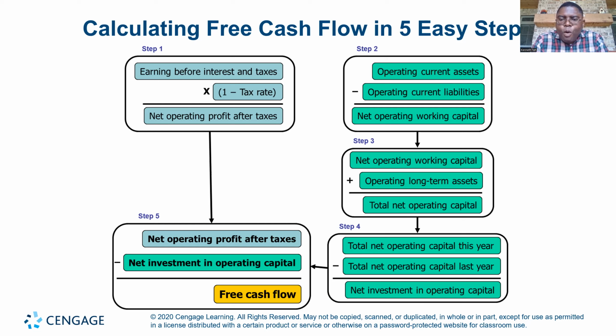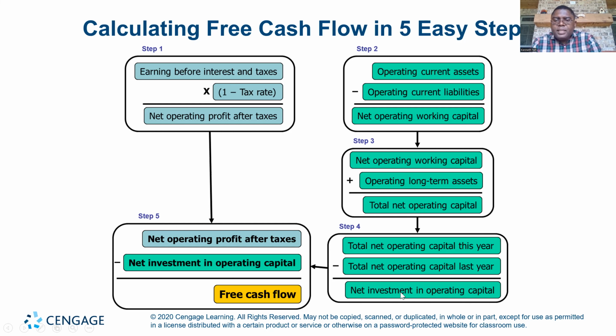And then in step 4, we generate what we call the net investment in operating capital. The net investment in operating capital is the total net operating capital this year minus the total net operating capital last year.